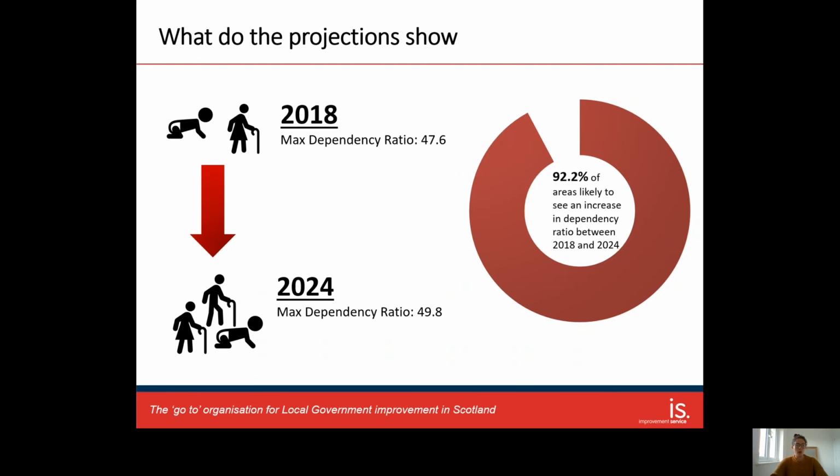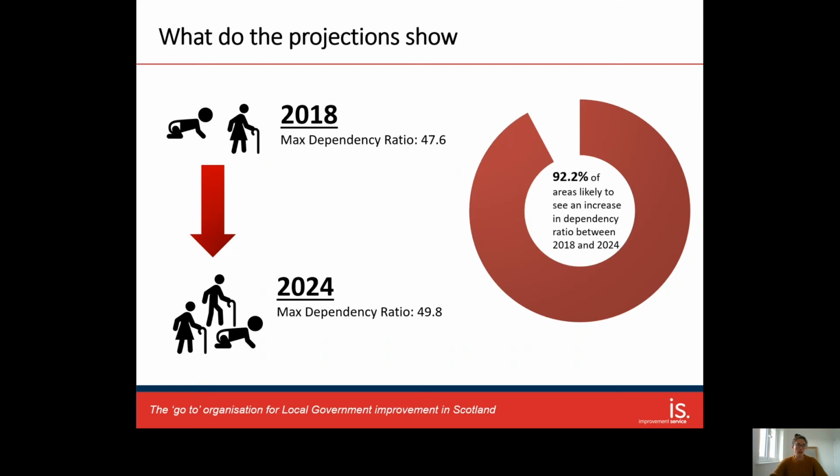In our projections, if you look at the base year of 2018, the maximum dependency ratio across any of those small areas we projected was 47.6%, whereas in 2024, the maximum across those areas has increased to 49.8%.